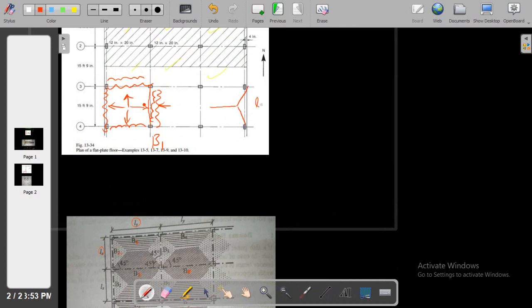This is my shorter span, that is Lx. This is my longer span, Ly. So here is my trapezoid, similarly to this side. And let me rub this.